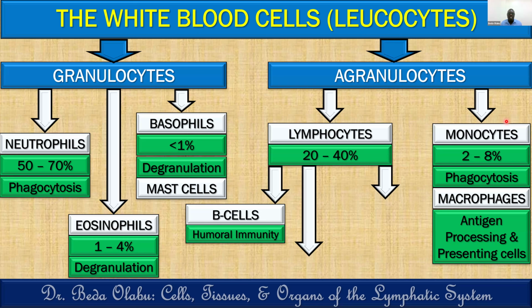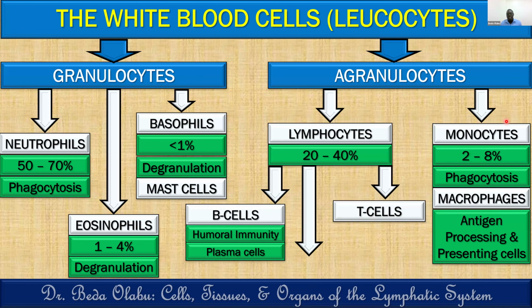So the B cells are the center of humoral immune responses. So the plasma cells are actually a subtype of activated B cells that now actually produce the antibodies. Then you have the T cells.